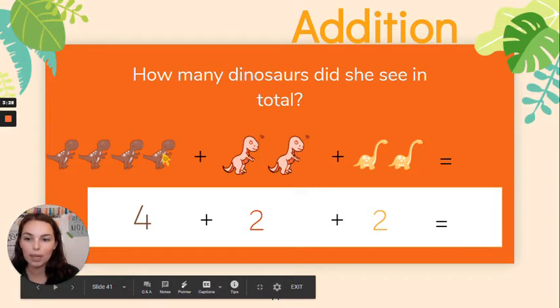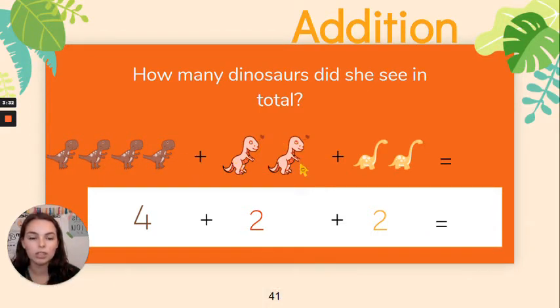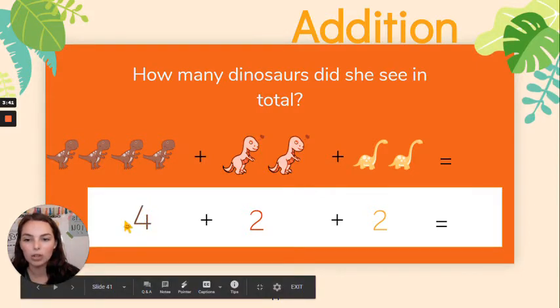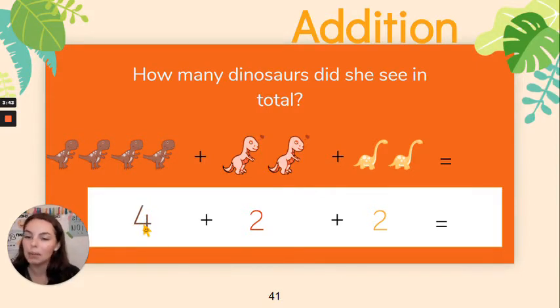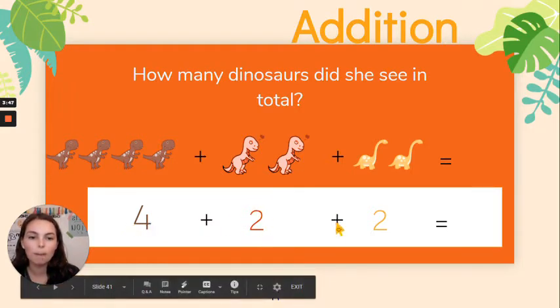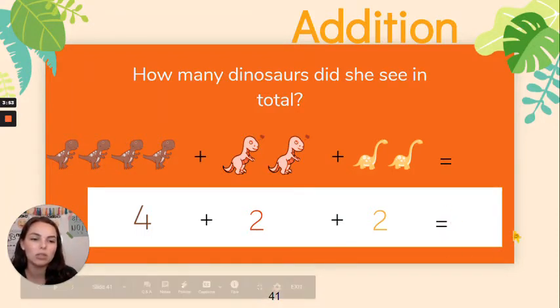So I can draw pictures. 1, 2, 3, 4, plus 1, 2, plus 1, 2. And to make my number sentence, I need to write the numbers. That makes sense, right? Number sentence, numbers. 4 plus 2 plus 2 equals, and then how can I find out how many this equals?